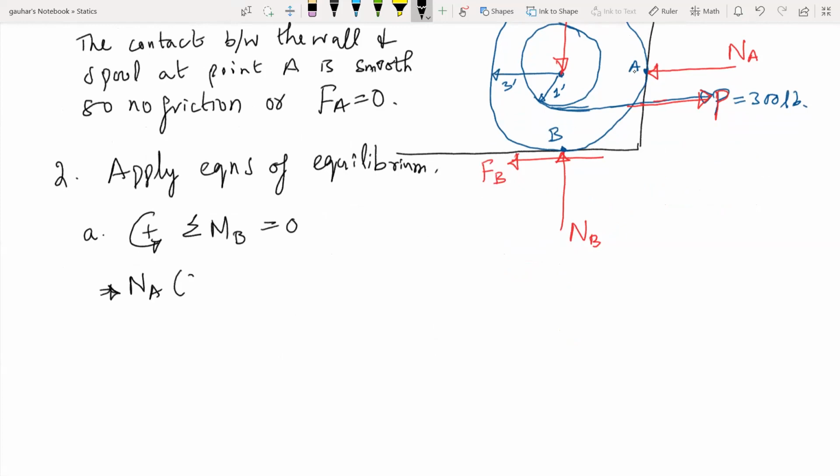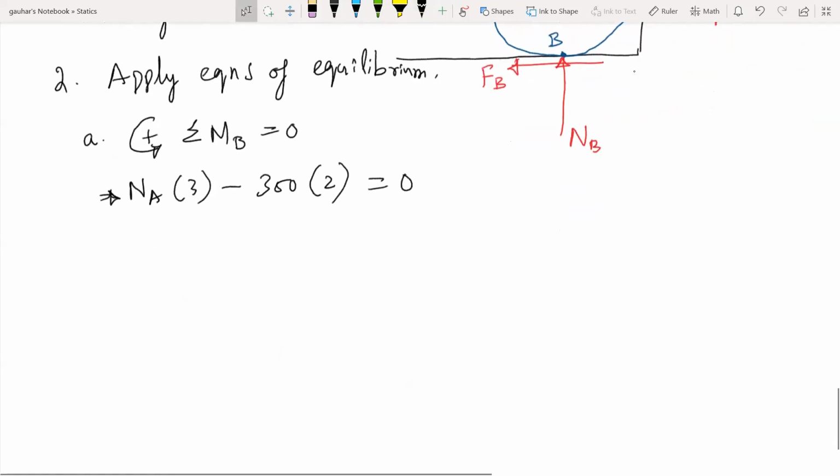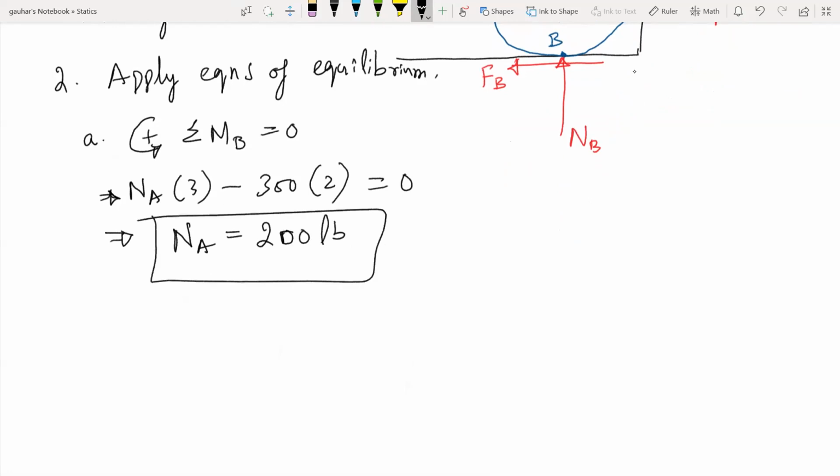N sub A times 3 is the moment arm, negative 300 clockwise moment times 2 is the moment arm, equals 0. From here we get N sub A equals 200 pounds. We are done with one unknown.